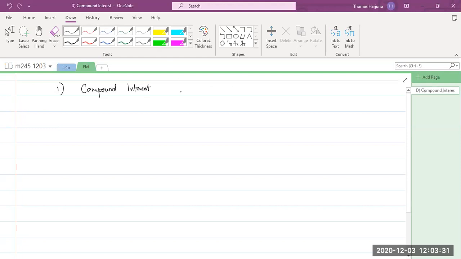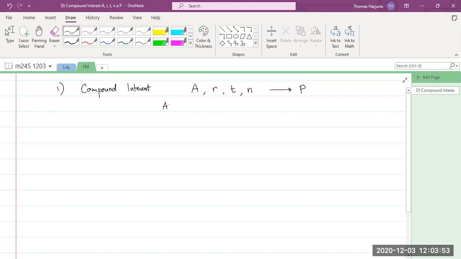Basically, suppose I deposit amount of money A with interest rate R, and for time T, number of compounding N, then how much money I get at the end of T years.